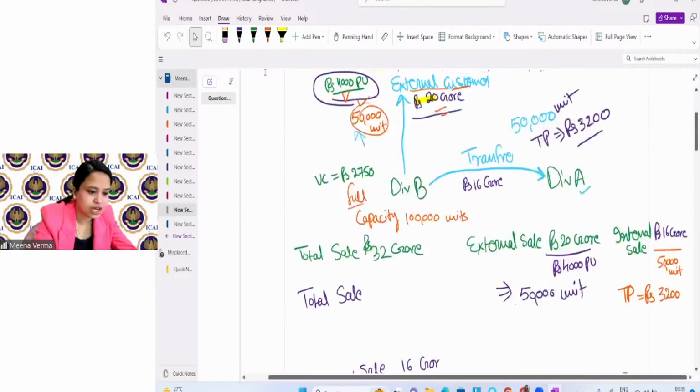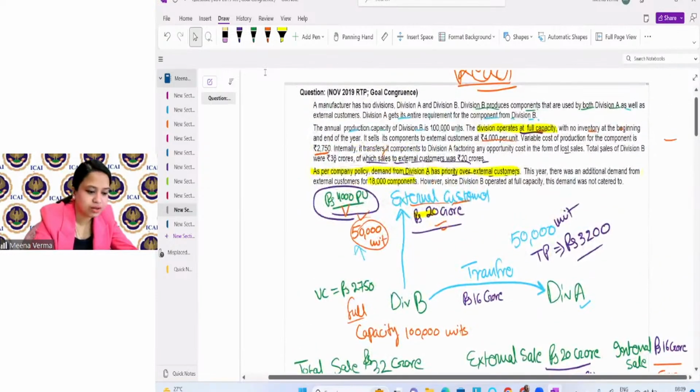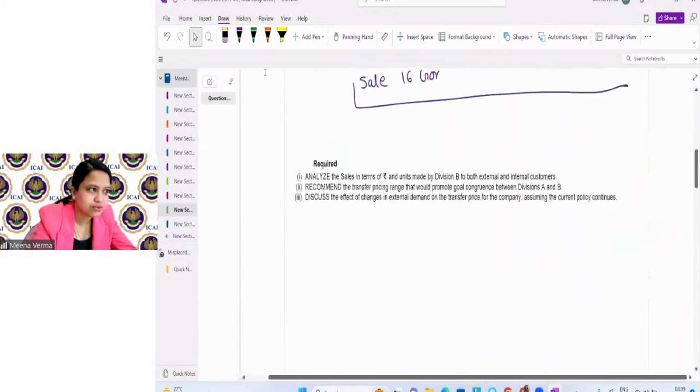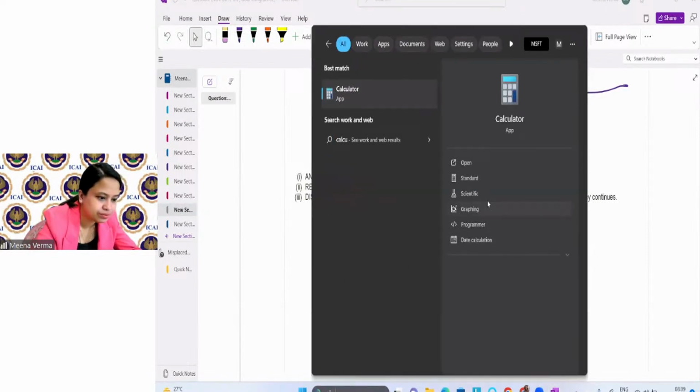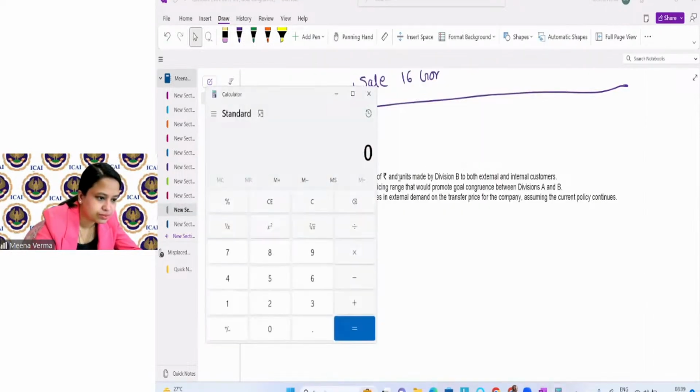Now the question comes about the 18,000 units. If I subtract 18,000 from 50,000, give me a minute, calculator. 50,000 minus 18,000 is 32,000 units.